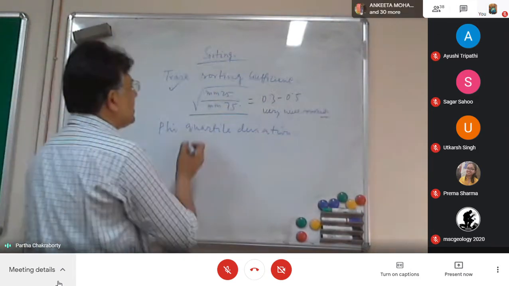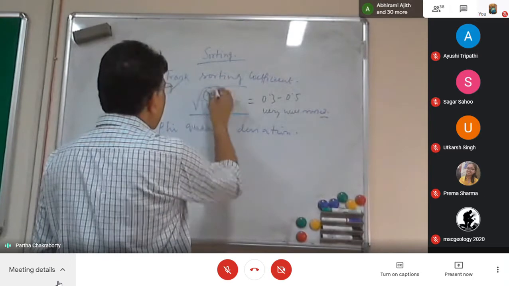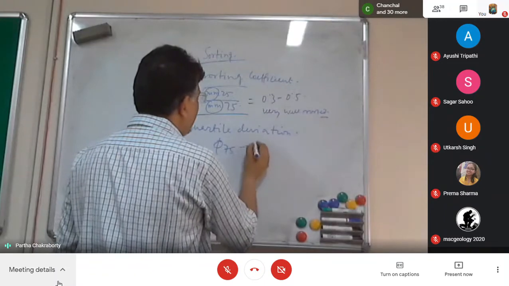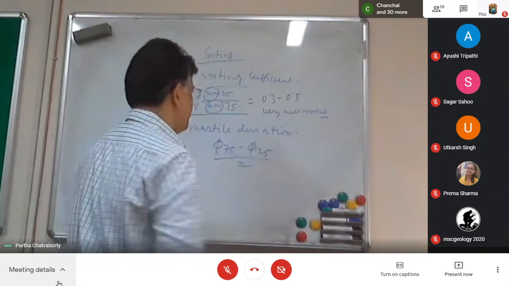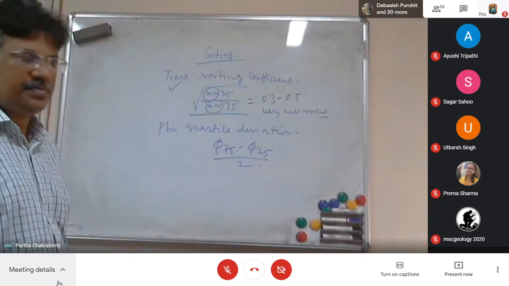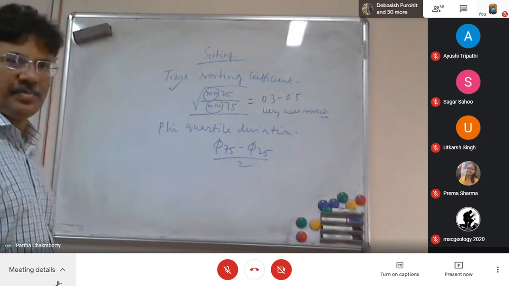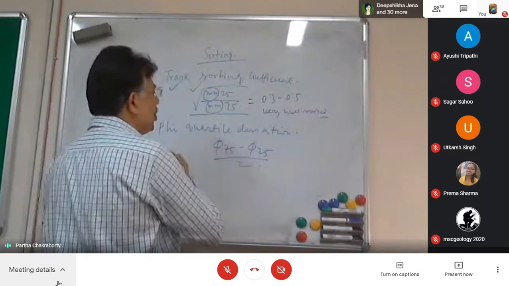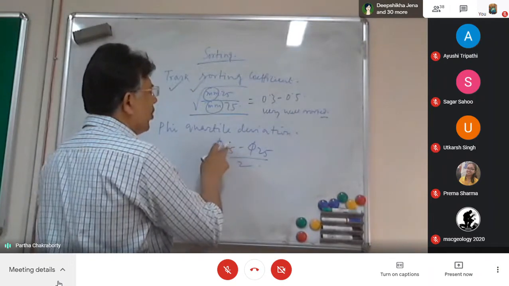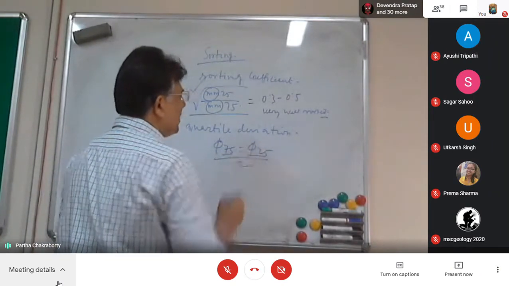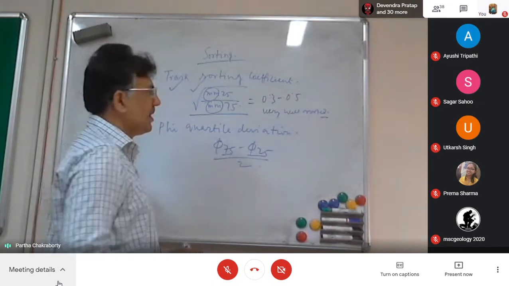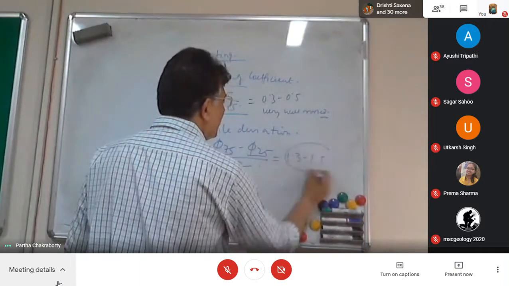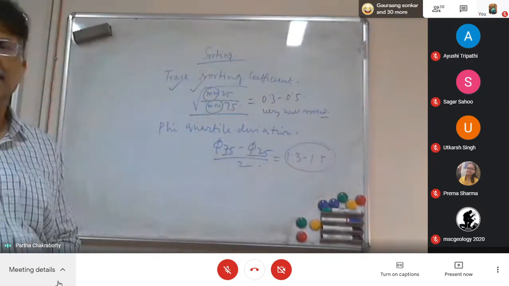Rather than mm, they took it to the phi scale: phi 75 minus phi 25 by 2. The earlier one was in the millimeter scale and it was a ratio. They removed the ratio and the millimeter scale and said it will be phi 75 minus phi 25 by 2. And then they say that if you have 1.3 to 1.5, that will be very good as a sorting.